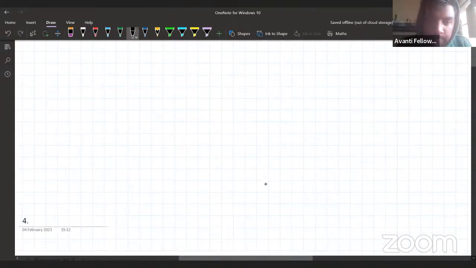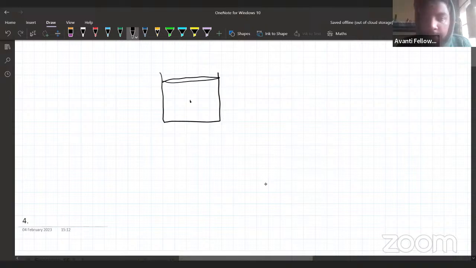For example, if this is the container and I want to calculate the pressure at this point, which is H below at a certain depth, what are we going to do? Let's say the atmospheric pressure at the top is P naught.